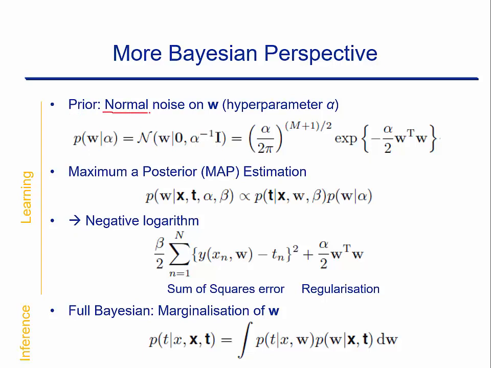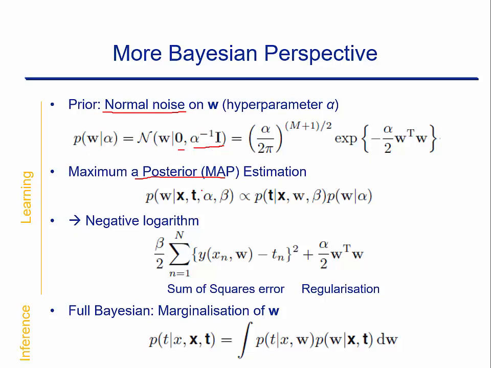We will assume a normal noise on the parameter vector, and this is a multidimensional Gaussian distribution of W with a zero mean and this covariance matrix.